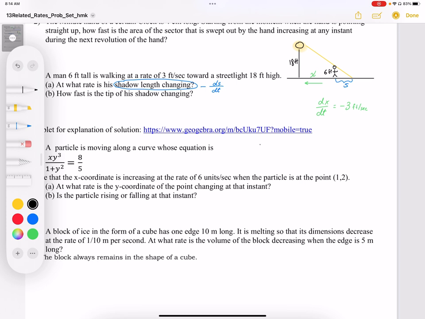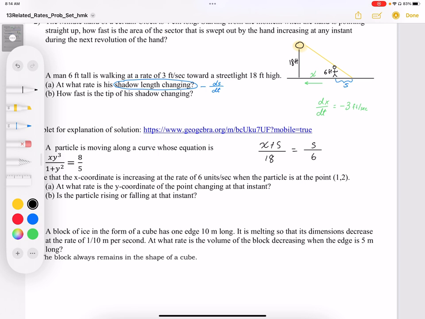We're going to say that x plus s, the horizontal length, divided by the vertical length 18 is equal to the horizontal length of the smaller triangle, which is just s, divided by the vertical length, which is 6. And now we have a relationship between x and s, and we can generate our ds/dt and our dx/dt.